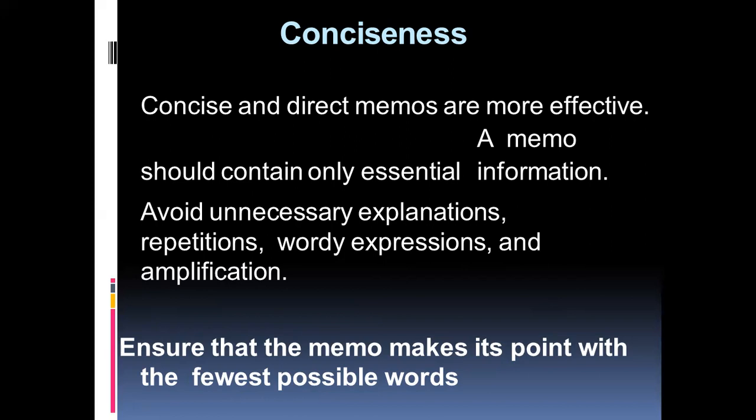A memo should contain only the essential information that is needed. Avoid unnecessary explanation, repetition, wordy expressions, and amplification. Ensure that the memo makes its point with the fewest possible words. No extra details, no verbosity, no repetition. It is supposed to be to the point, stating the point.